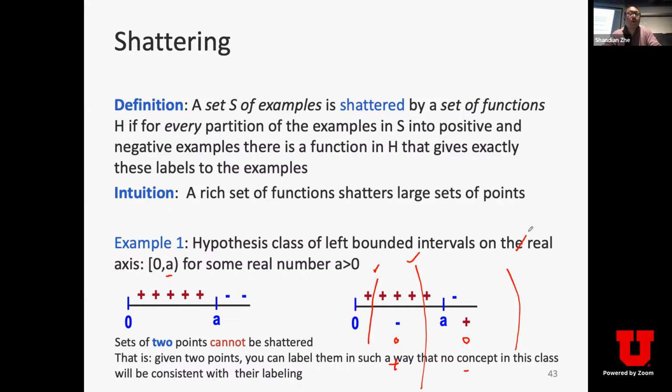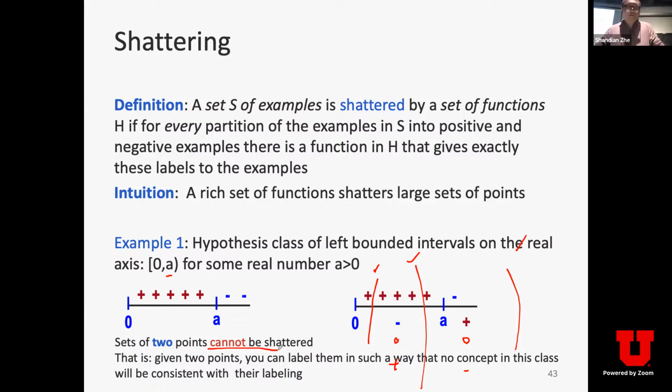Therefore, we find a particular labeling such that any left bounded interval fails to predict the labelings. So that means sets of 2 points cannot be shattered by my left bounded interval hypothesis space.